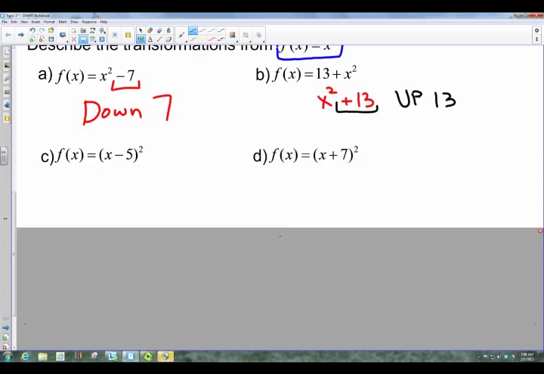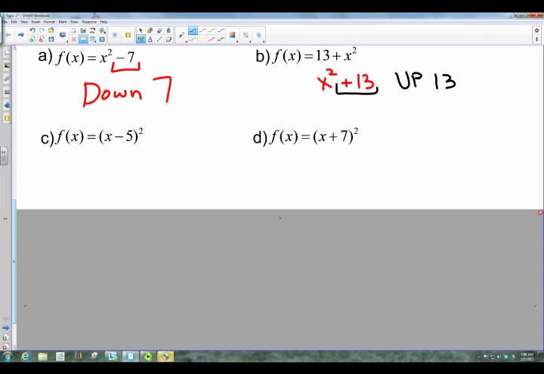Now for the next one, we've got f of x equals x minus 5 squared. Now that 5 is within the function. Okay, so since it's inside the function, that's going to be your h value. And remember, it's normally x minus h. So in this case, h is going to be a positive 5. Well, when h is positive, that's your right side movement. So we would say that our graph would be moving right 5.